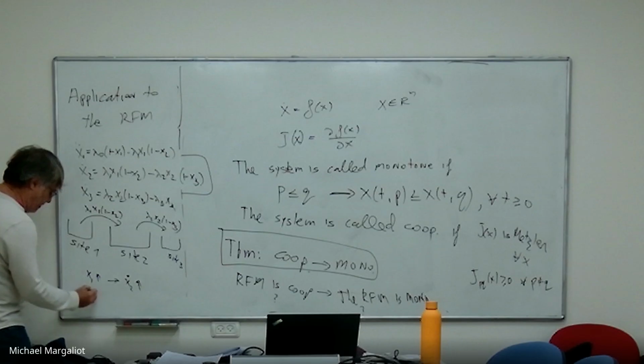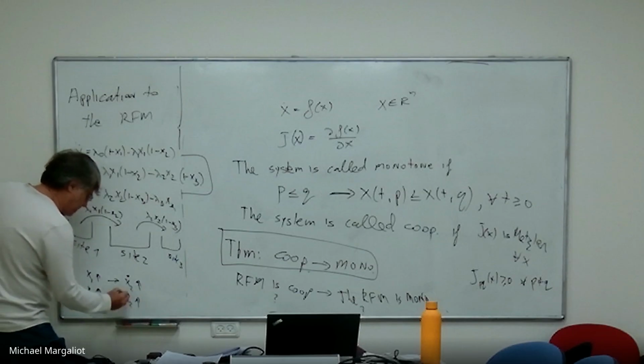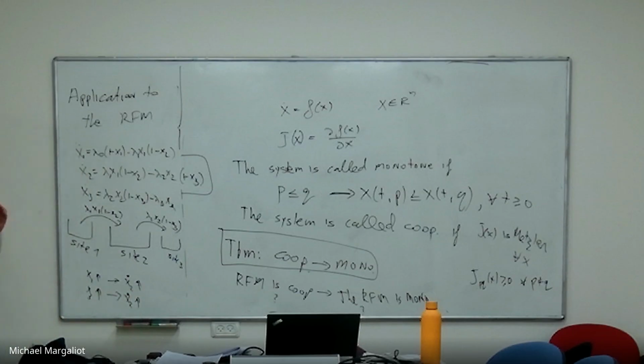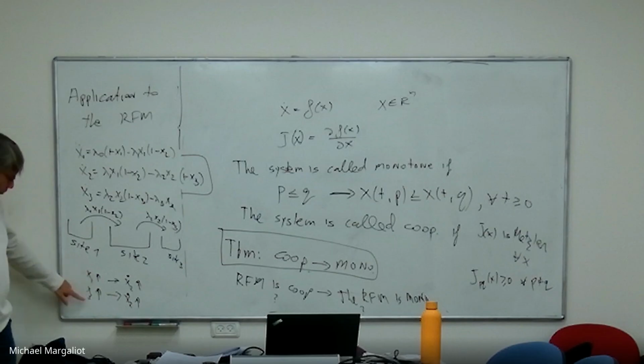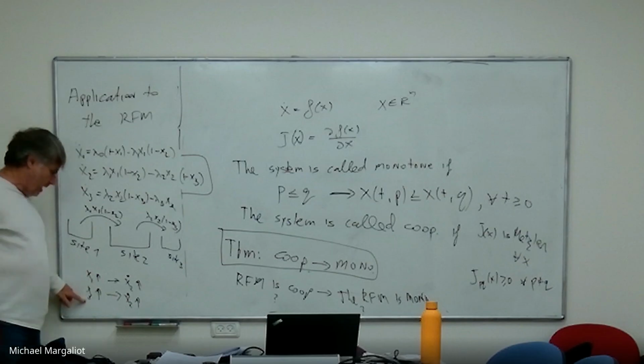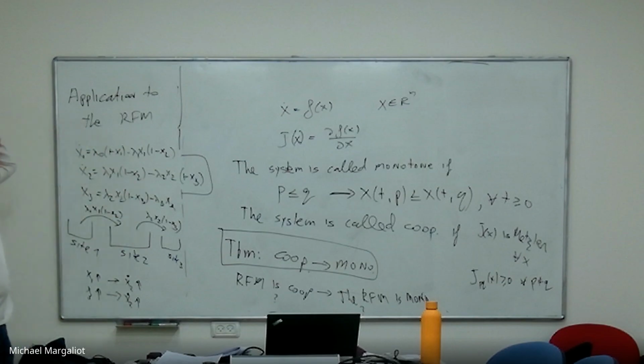And when x3 increases, I should see x2 dot increases. Cooperativity means that when I increase one of the state variables, the derivative of any other state variable can only increase. It can never decrease, or stay the same, but never decrease. So in the context of x2 dot, when I increase x1, or when I increase x3, I expect to see an increase in x2 dot, and this is what I see from the Jacobian, but let's try to understand why it happens because of the flow.